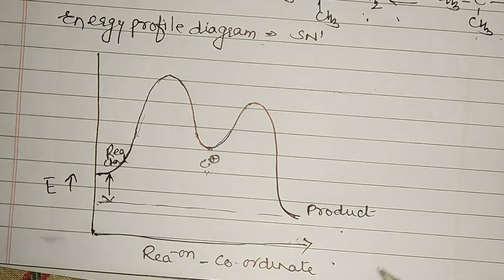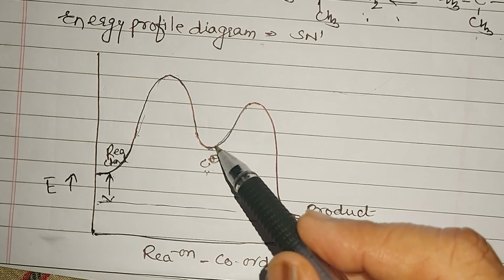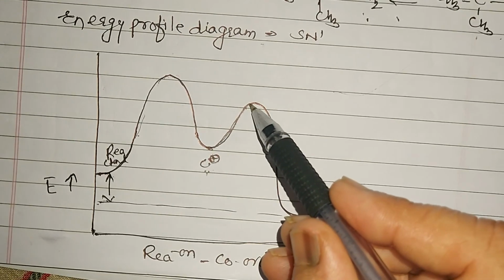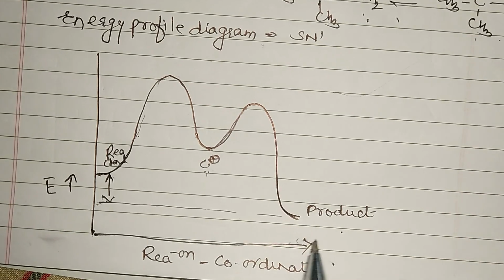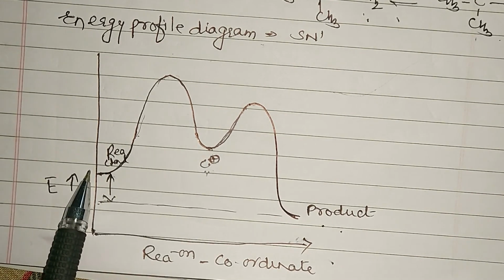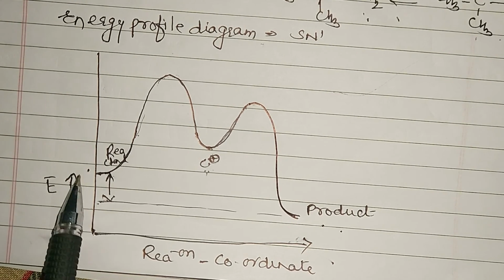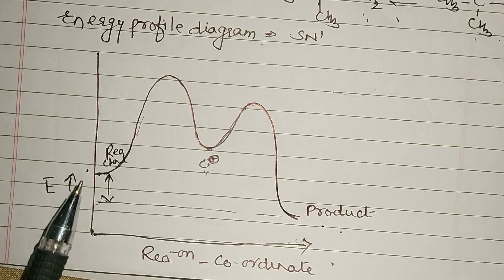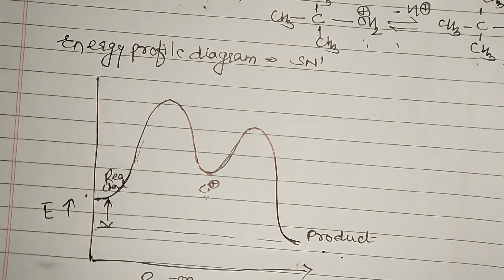After that, in the second step comes the attack of the nucleophile. Energy will increase, and after that it will be decreased. The energy of the product is lower than that of the reactant. So this is about the kinetics and mechanism and energy profile diagram of the SN1 reaction.